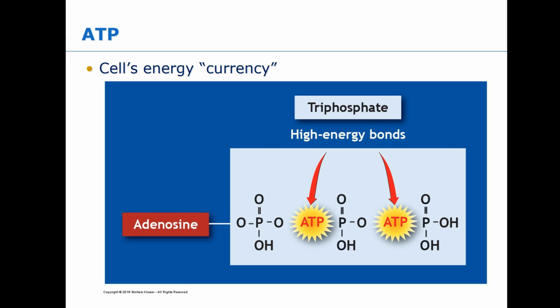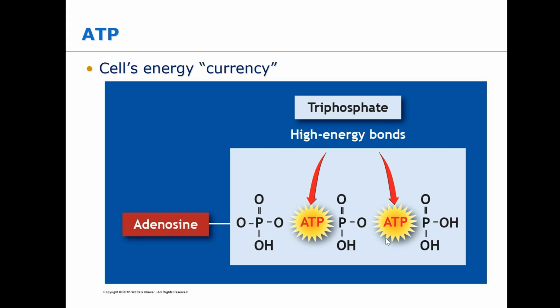So what is ATP? If this is the cell's energy currency, what is it? What's the chemical structure? It's made up of adenosine, and the second part is triphosphate. What you can see here are the 3 high energy phosphates linked together with high energy phosphate bonds. So there's potential energy here, and potential energy here as well.